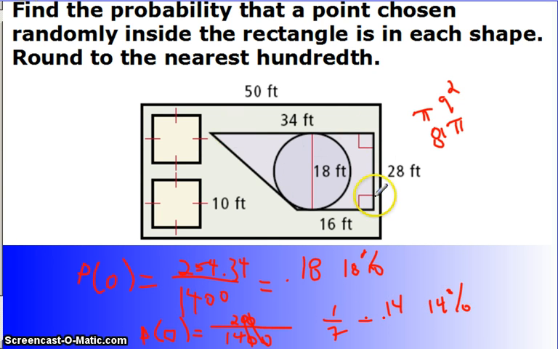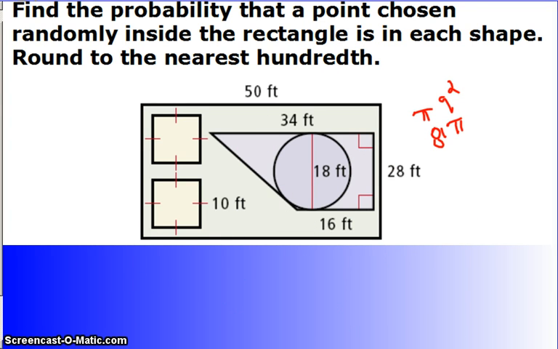Alright, we could go the trapezoid next. Would actually be about the last one. I guess we've got time to do that. Let's go ahead and erase these real quick. Alright, so the denominator again would be 1400.